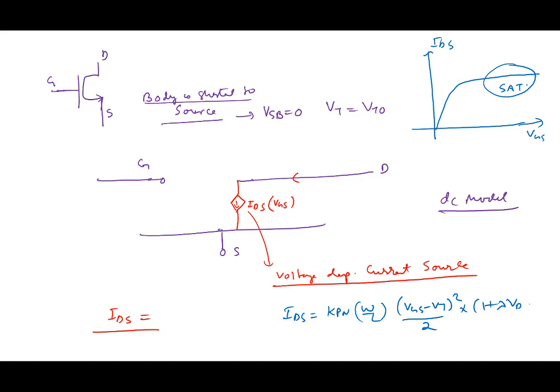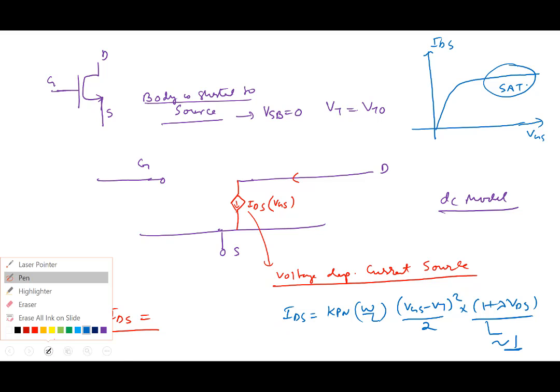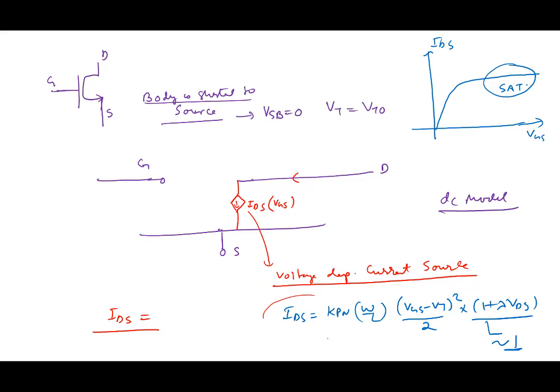So it is weakly dependent on drain to source voltage. In most DC analysis, we consider this factor as 1 and take the first term as the current in saturation, because the other term is not too large. That's the model of the transistor in linear and in saturation region.